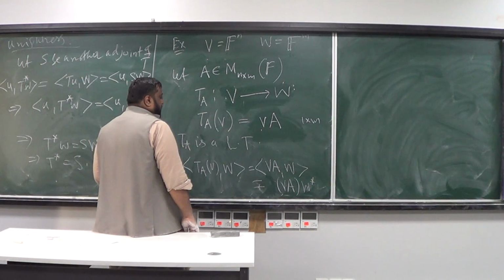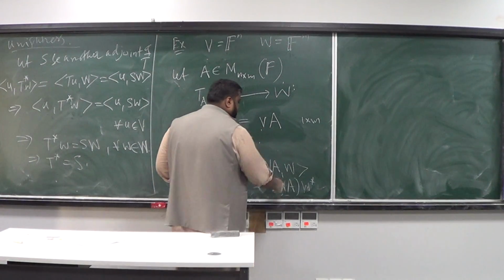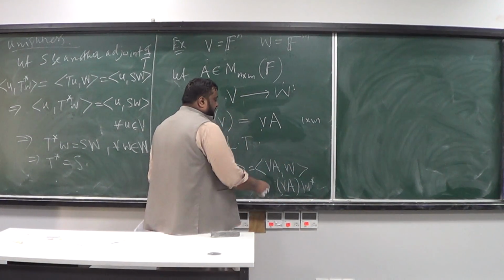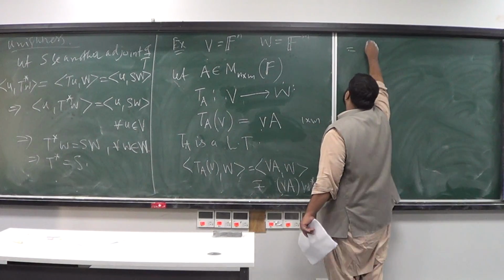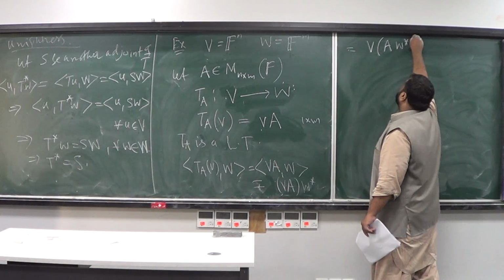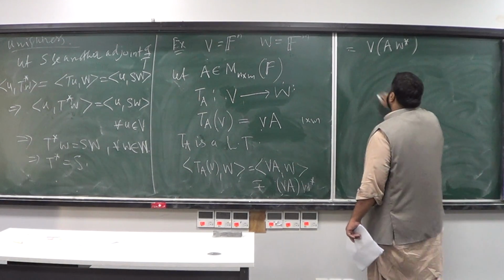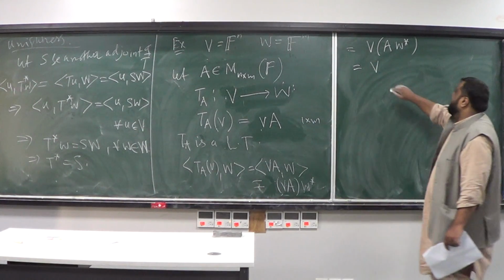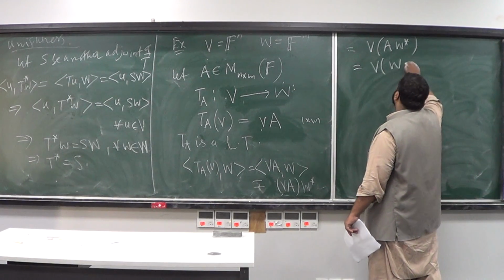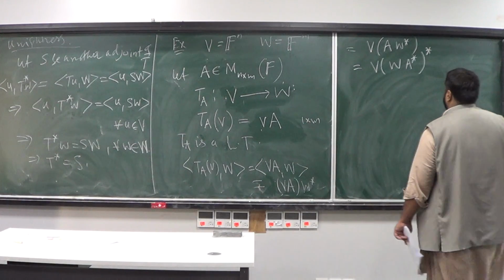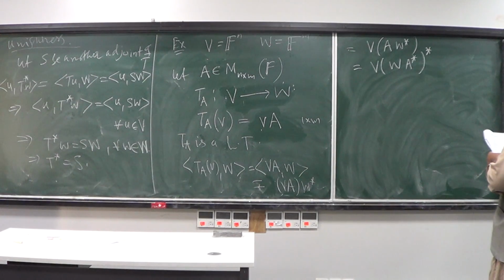This matrix multiplication is associative, so I can write this as v A w star. And I know that conjugate is reversible, so this is the same as v times w A star, star. If you take the star of A star, you get this.